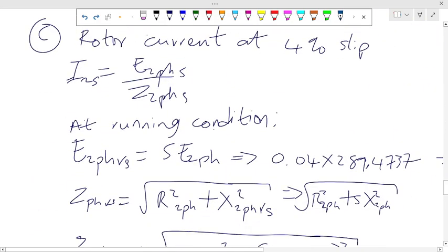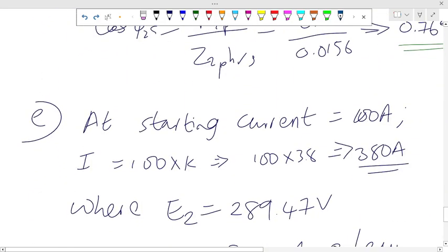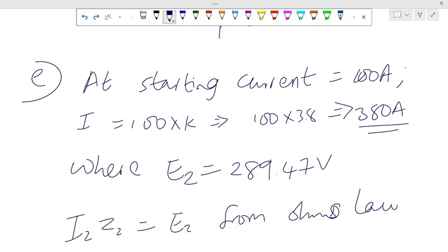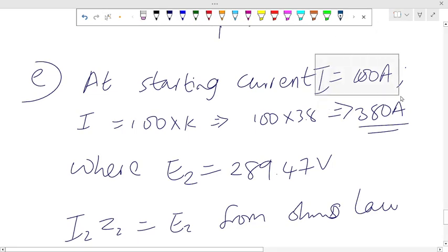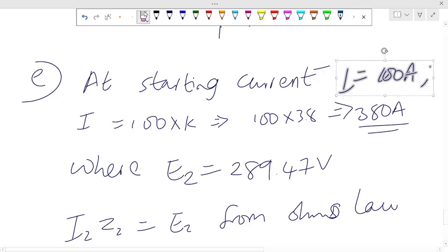I only pressed Ctrl Z. Alright, so this is our stator current, which is I1. Okay, so this is our stator current.